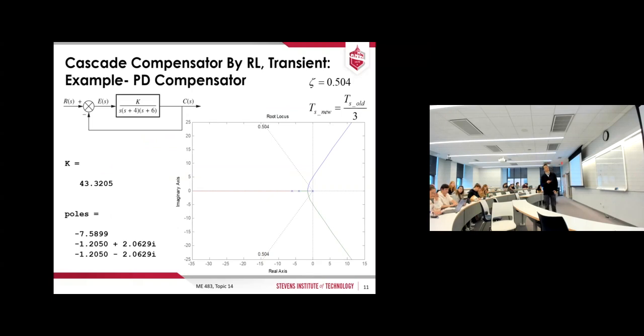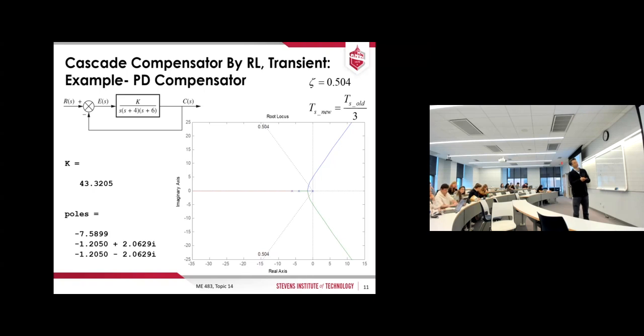Okay, so P controller alone, and this is your trend line, okay, zeta. You have this angle that is set by the requirement, again, for zeta equals 0.5. In order to have this design point here, K has to be 43.